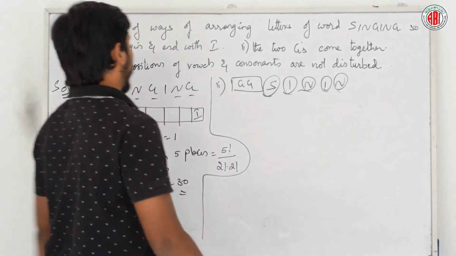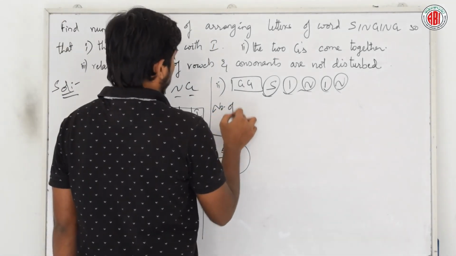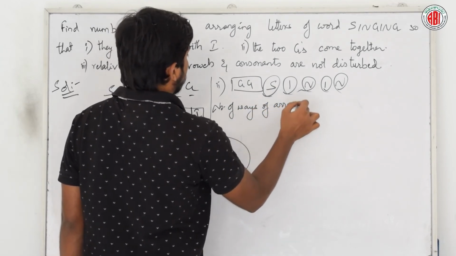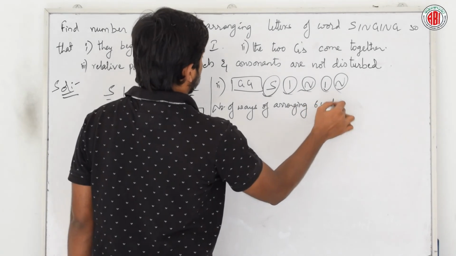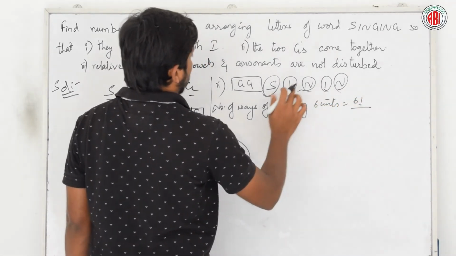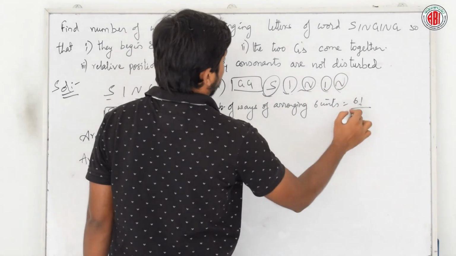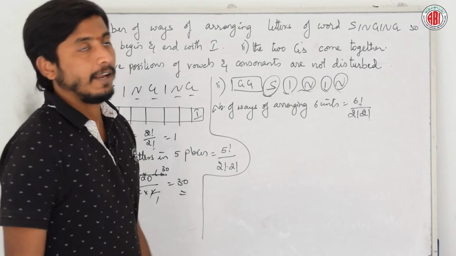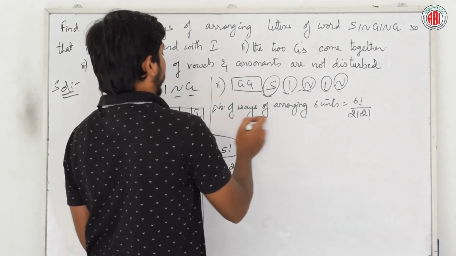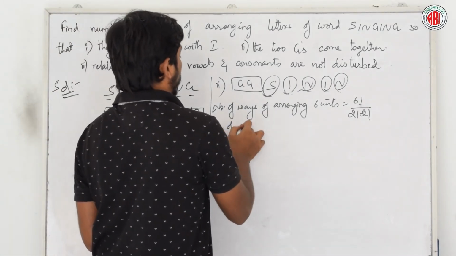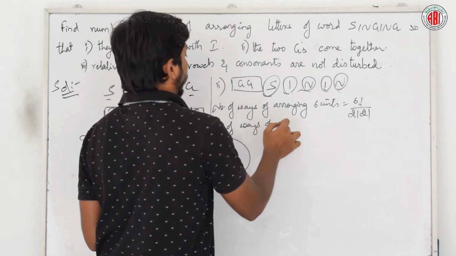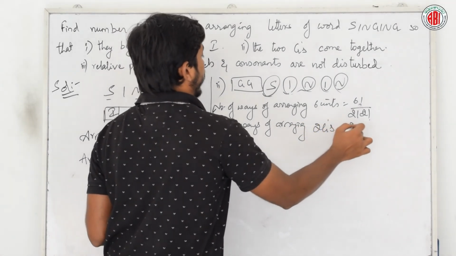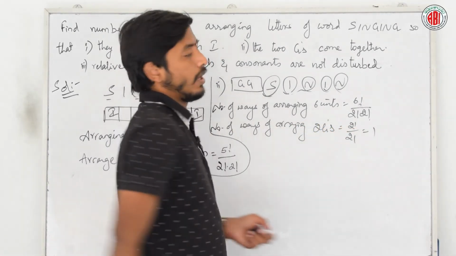So the number of ways of arranging 6 units is 6 factorial by, 2 I's are repeating, 2 N's are repeating, so 2 factorial into 2 factorial. Done? Fine. Next, what is left now? Again, the number of ways of arranging 2 G's in it, which is 2 factorial by 2 factorial, which is 1.